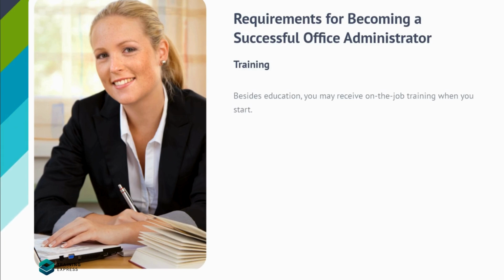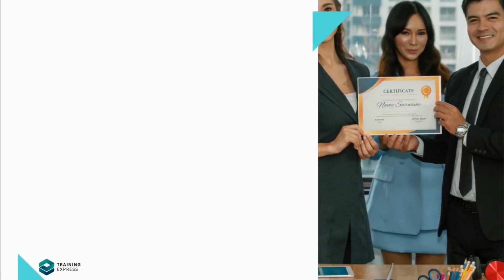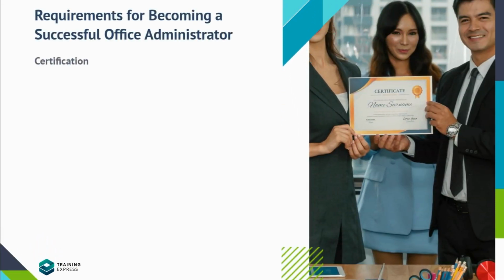Training. Besides education, you may receive on-the-job training when you start. This can last up to a month and usually involves starting on tasks immediately. You might undergo more extensive training on particular software the company uses. Certification.